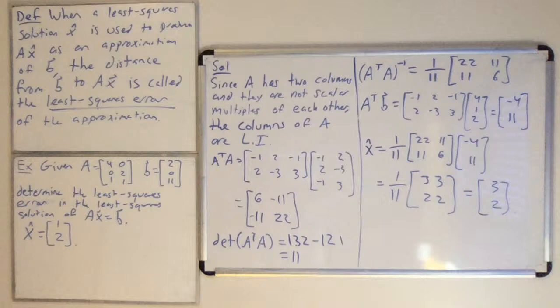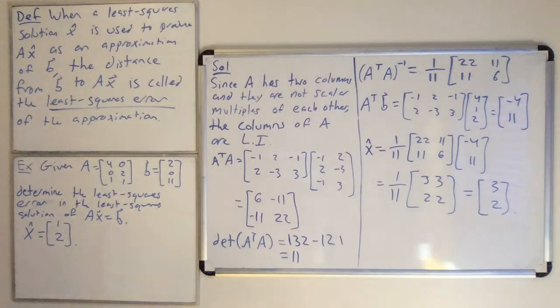So does somebody want to say in the chat how they're going to find this least squares error? Find the length of B minus AX.